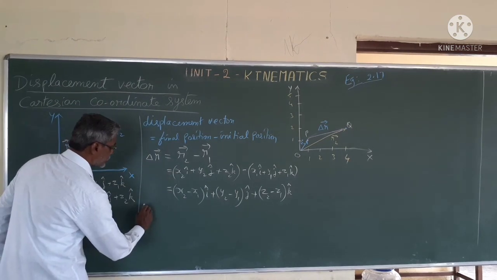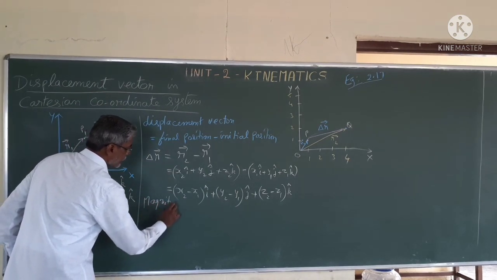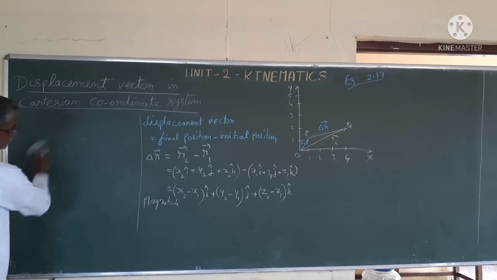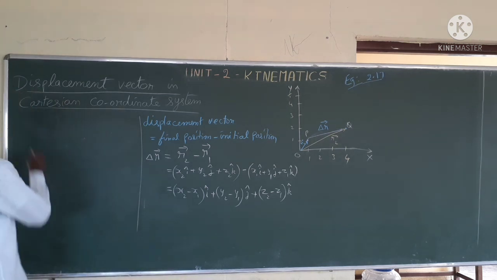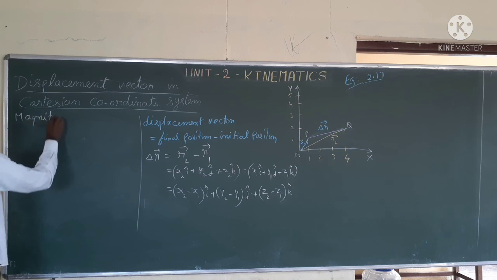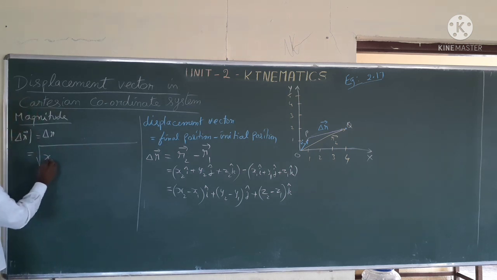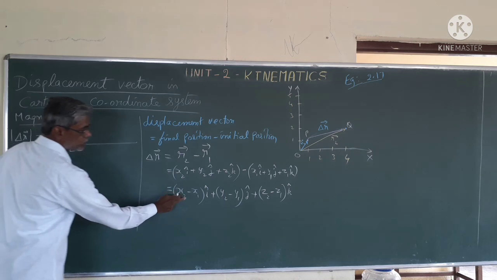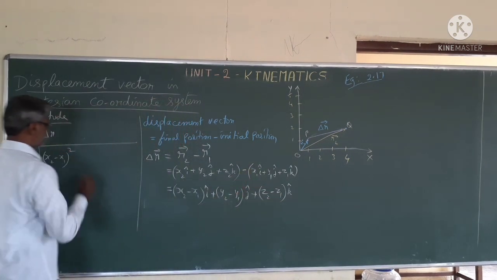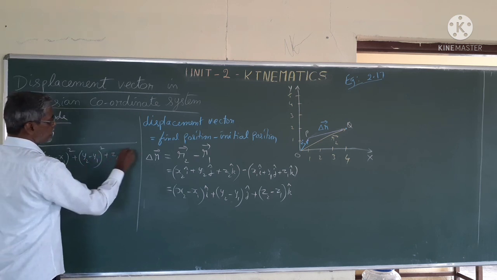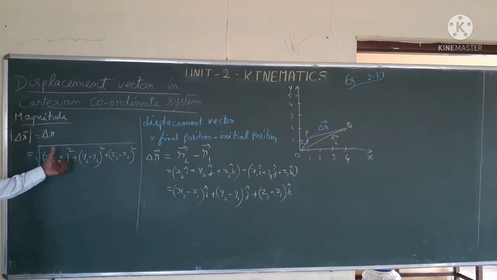Now, if I want to find out the magnitude, the modulus of delta r vector, that is delta r, is equal to the square root of x2 minus x1 the whole square plus y2 minus y1 the whole square plus z2 minus z1 the whole square. This will give the magnitude.